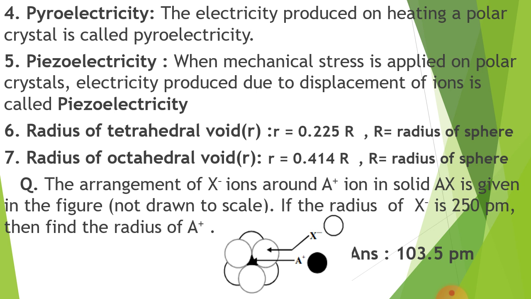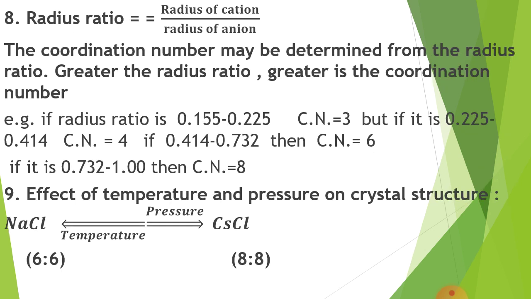Like that you can do some more questions. Point number 8, radius ratio. This is equal to the radius of the cation divided by the radius of the anion.